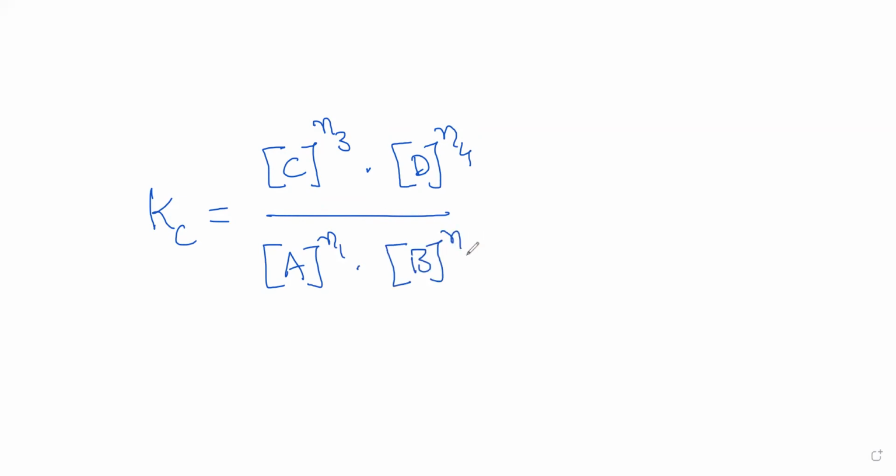This is Kc. And now A, B, C, D all are gases. We consider ideal gas condition. Ideal gas equation we'll consider.